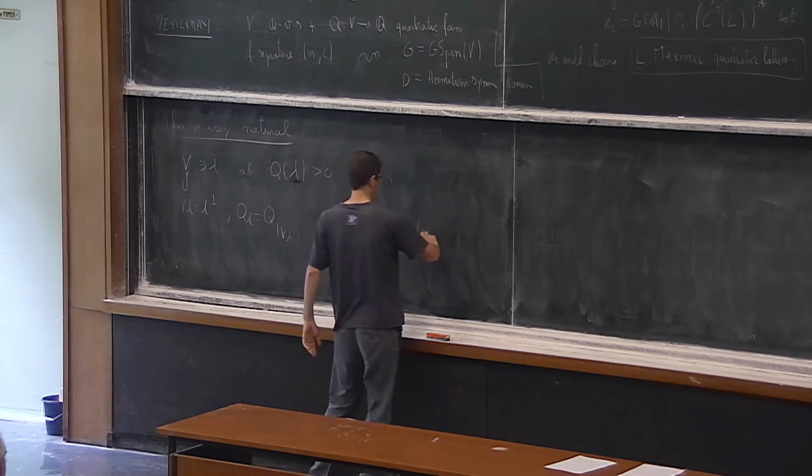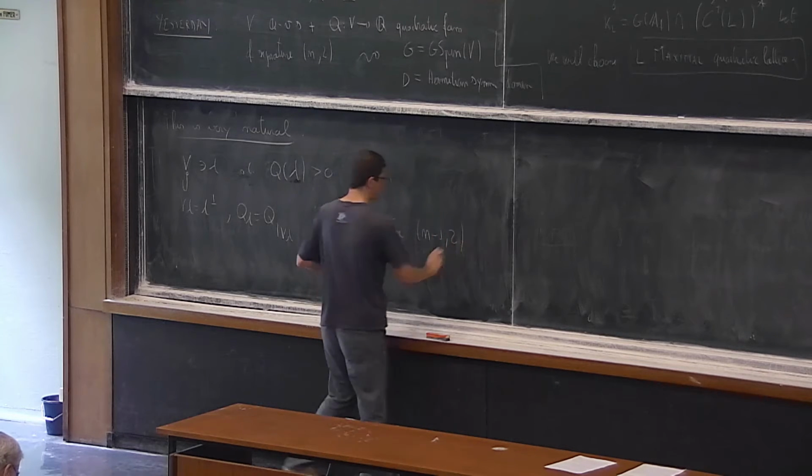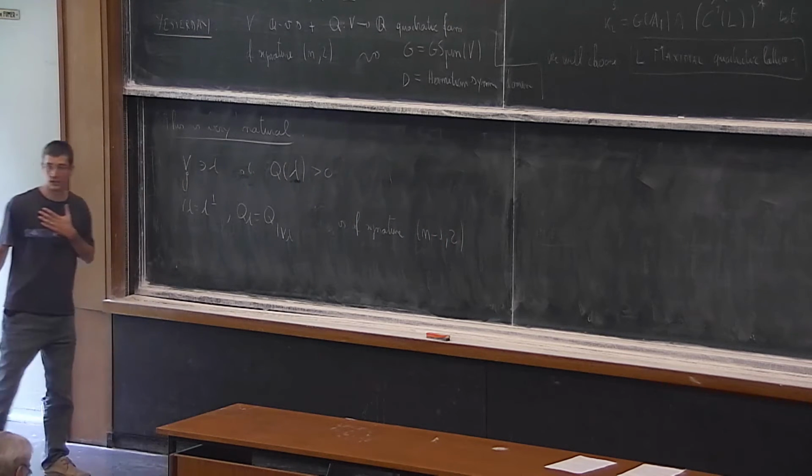So I simply have now signature n minus 1, 2.